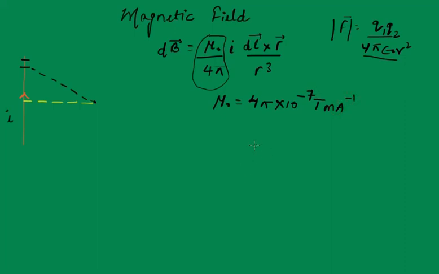We know that the unit of magnetic field is Tesla. This we have discussed earlier. If you balance the dimensions in this expression, you will figure out that this will be the unit of mu naught, and it's a constant.